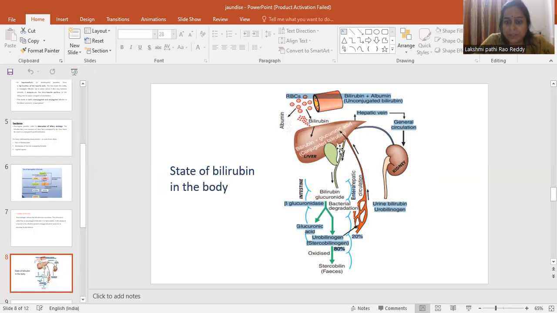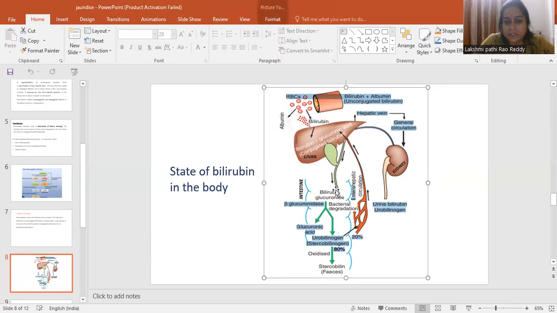Then, by the intestinal enzyme beta glucuronidase, we get glucuronic acid and urobilinogen. Finally we get stercobilin, which is excreted in the fecal matter. 20% of urobilinogen will again enter into enterohepatic circulation.